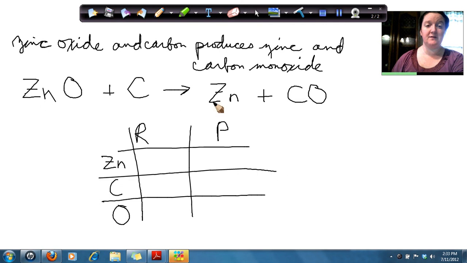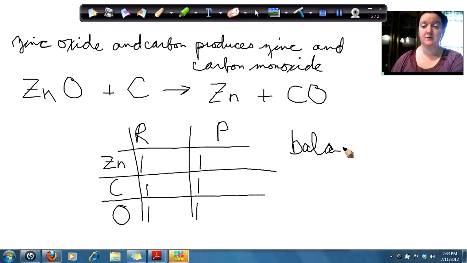Here we have 1 zinc, there we have 1 zinc, here we have 1 carbon, there we have 1 carbon, and then here we have 1 oxygen, and here we have 1 oxygen. So actually this chemical equation was balanced once you had the right chemical formulas. So we can just write balanced, because we didn't have to change any of the coefficients in order to balance that chemical equation.